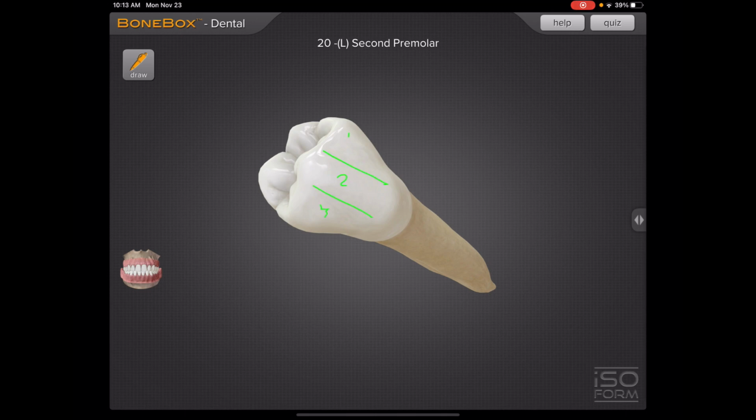And as you can see on the lingual aspect, you have 2 cusps there. So you have 2 lingual lobes leading into 2 lingual cusps. You have your mesiolingual cusp and the distolingual cusp of your mandibular second premolar, which is quite different from the first premolar of your lower arch.